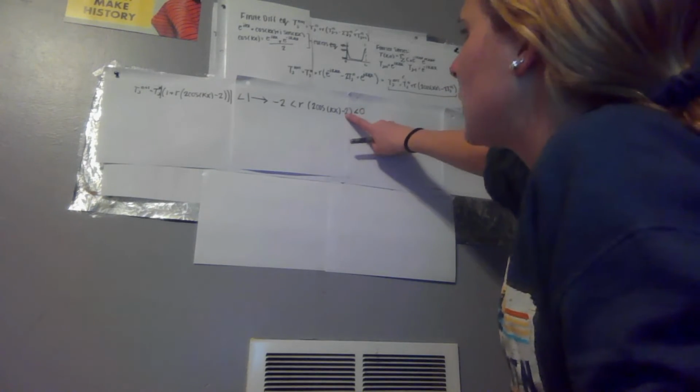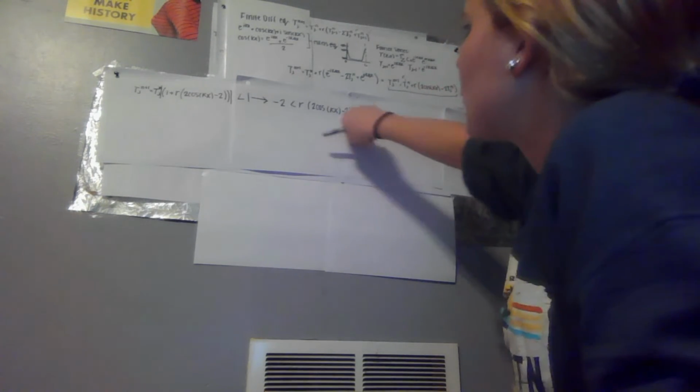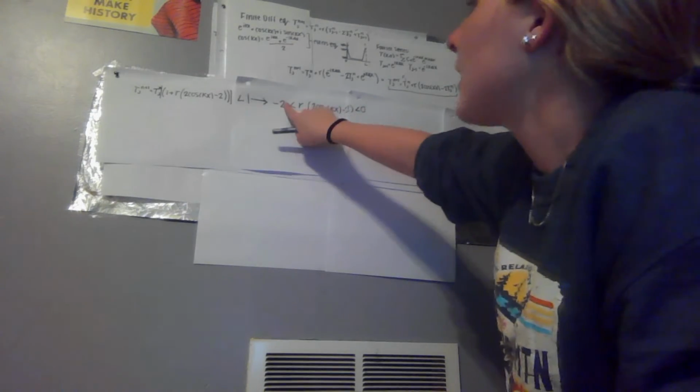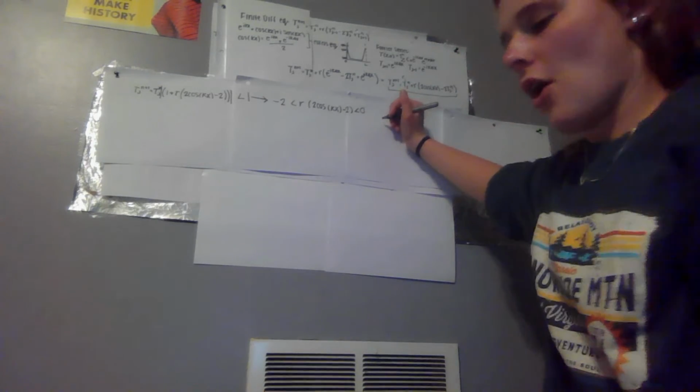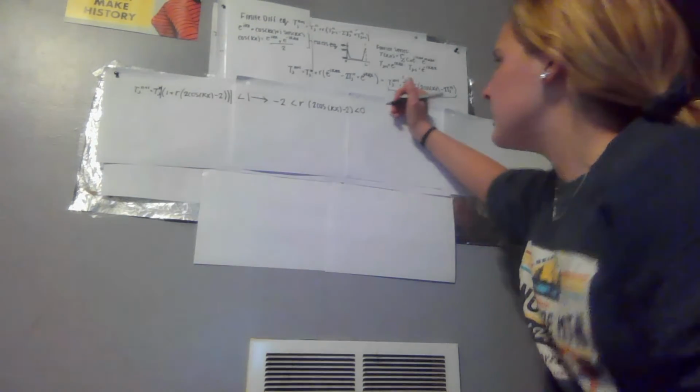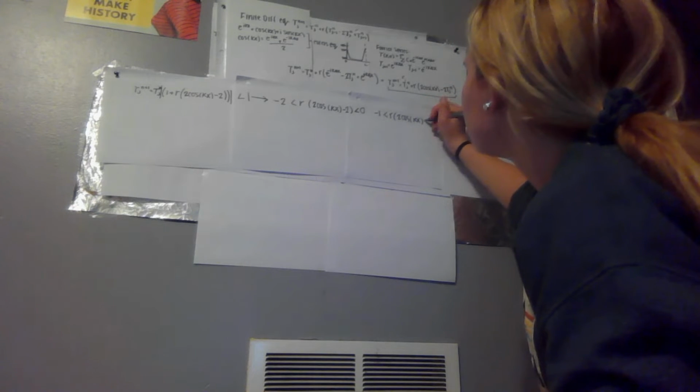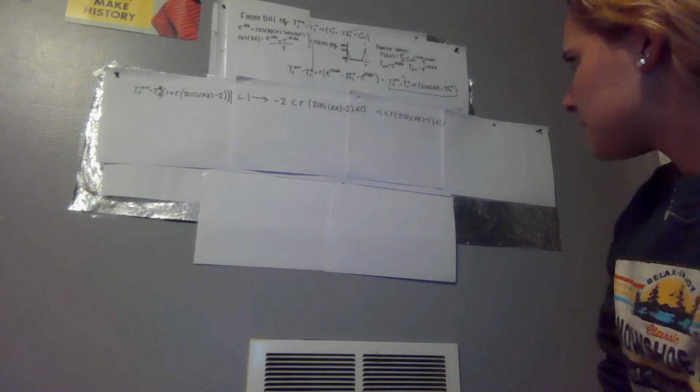And so what we're going to do here is pull out 1 of this negative 2, and move that to this side and add that over, so that our new inequality is going to be negative 1 is less than r times 2 cosine kx minus 1, less than 0. And that's just going to stay within that domain.